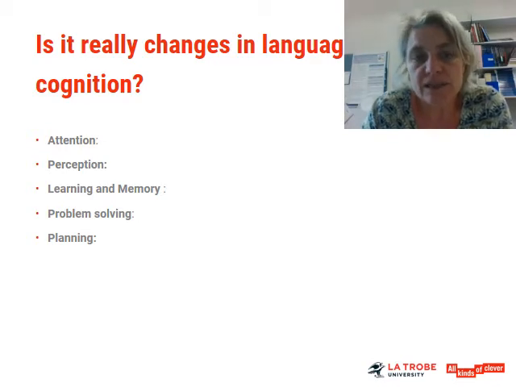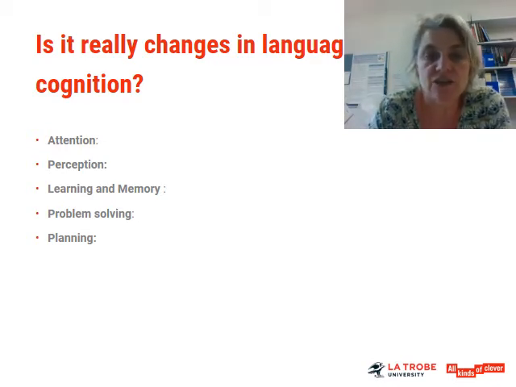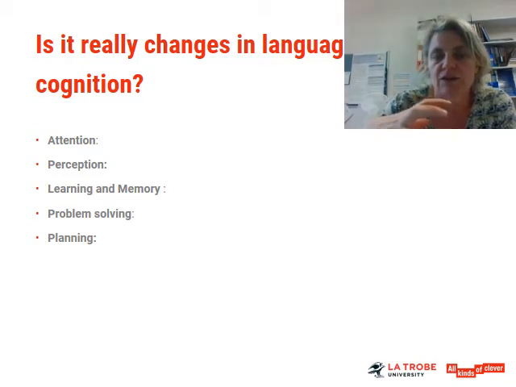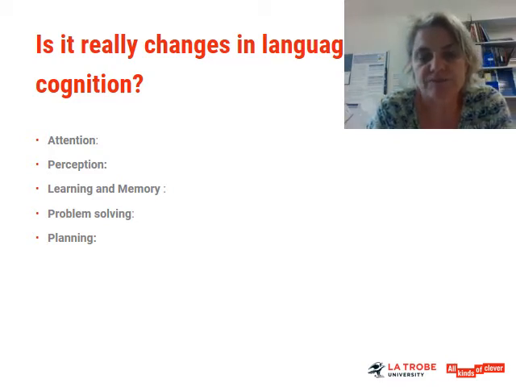And in the storytelling tasks, you also need attention to the task. You can't get distracted. You need to remember where you're up to in the story, and you need to plan your story so that it makes sense and comes out in the right order.